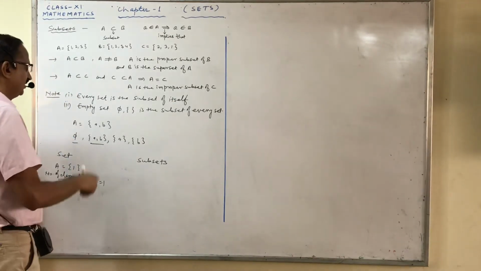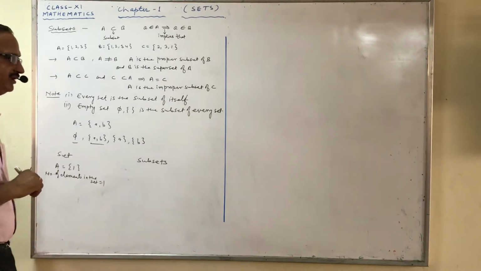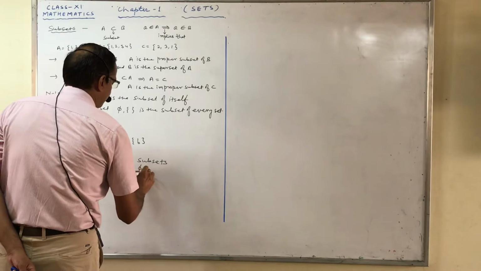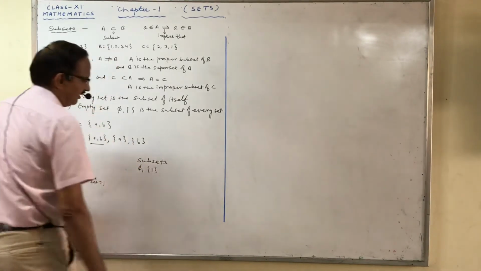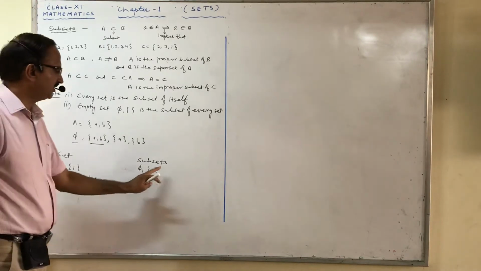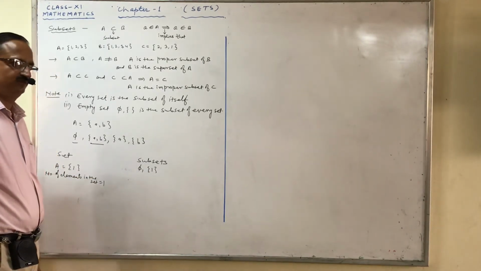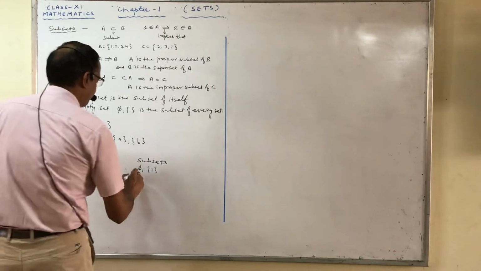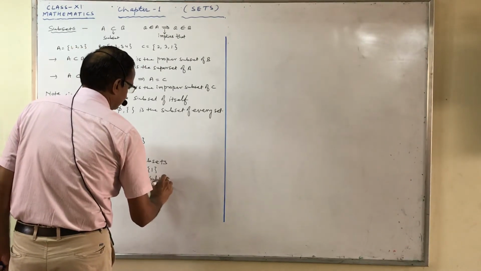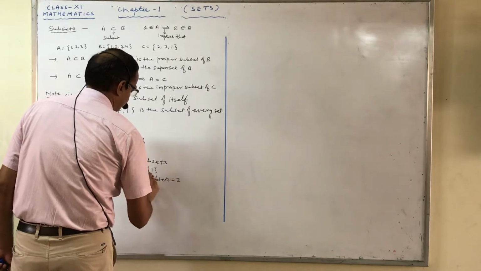Now subsets. First of all we will write phi, then the set itself. Does it have any other subset? No. Number of subsets is 2.